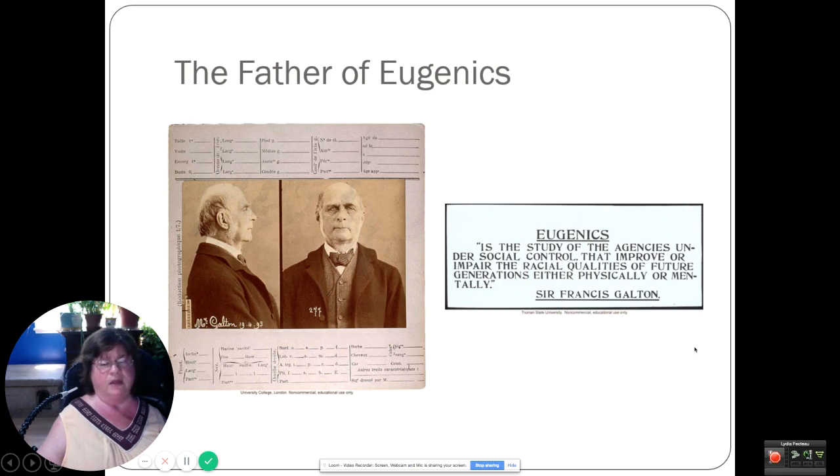But he said eugenics is the study of the agencies under social control that improve or impair the racial qualities of future generations, either physically or mentally. So he became kind of this father. But again, he was promoting this idea of making a better human race, of evolving the human race upward.